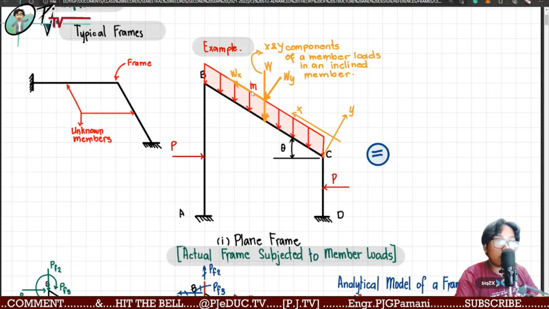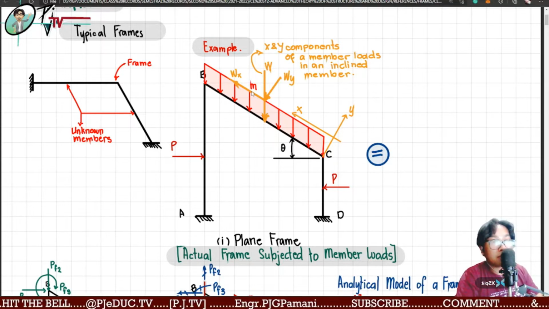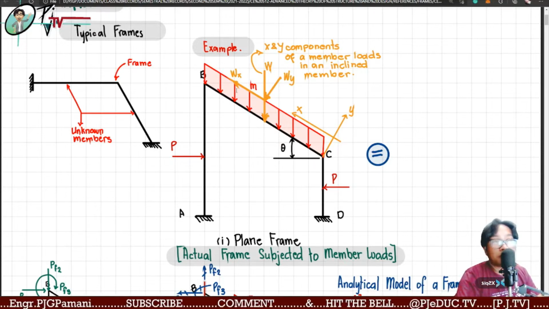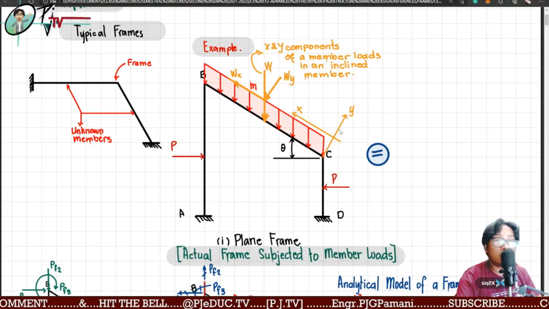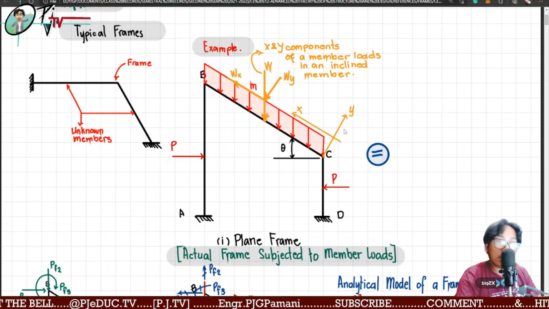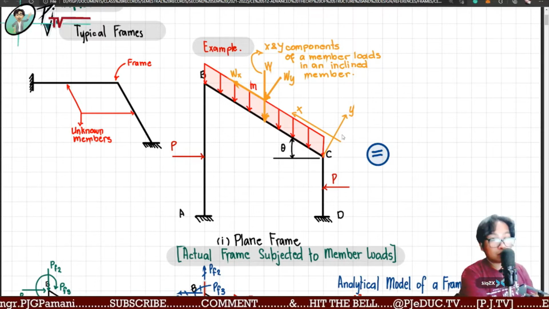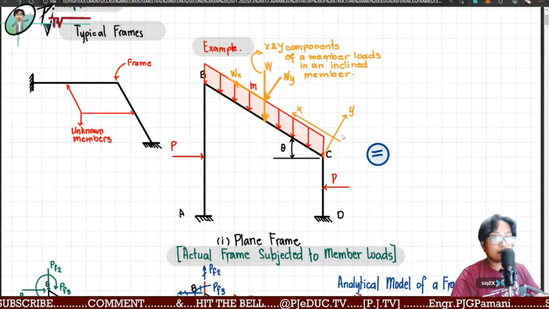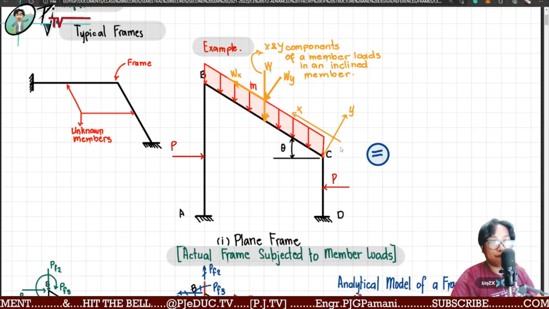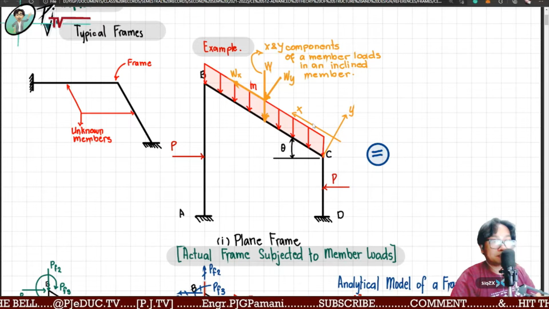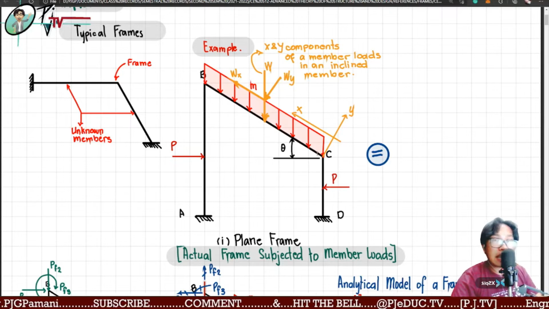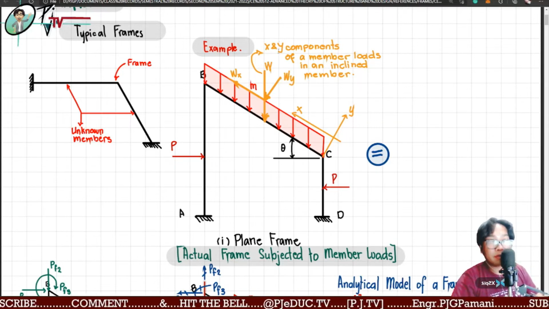For any type of frame, or any members within a given frame, as you can see here, it will always depend on the orientation of the applied loads, and we will always need to convert those loads to their corresponding coordinate axis. Just like what we did in Theory of Structures 1, in the analysis of determinate frames as well as indeterminate frames, we always have to plot the positive x and y coordinate plane of a particular member in analyzing a frame.